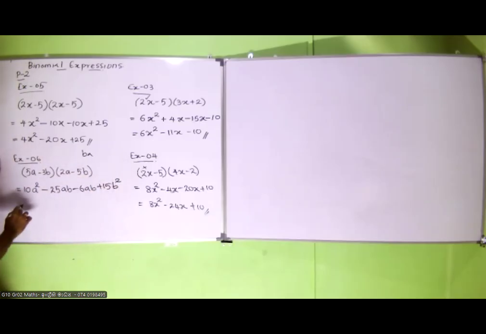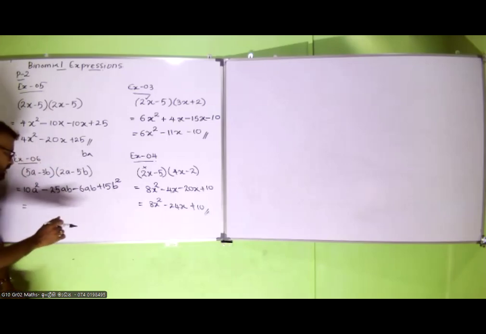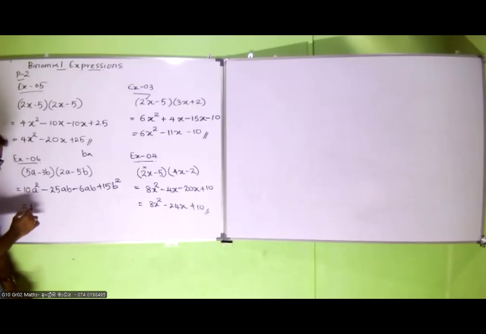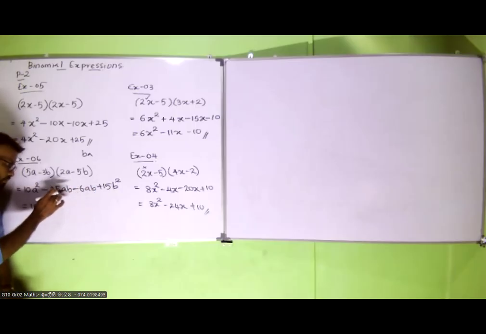Right? Equal mark. Now like terms are apple and apple, right? Now here you have 10a squared, no other terms like a squared or something. Negative two values, AB and AB, like terms. AB and AB like terms, right? So apple terms. Negative 25, negative 6.